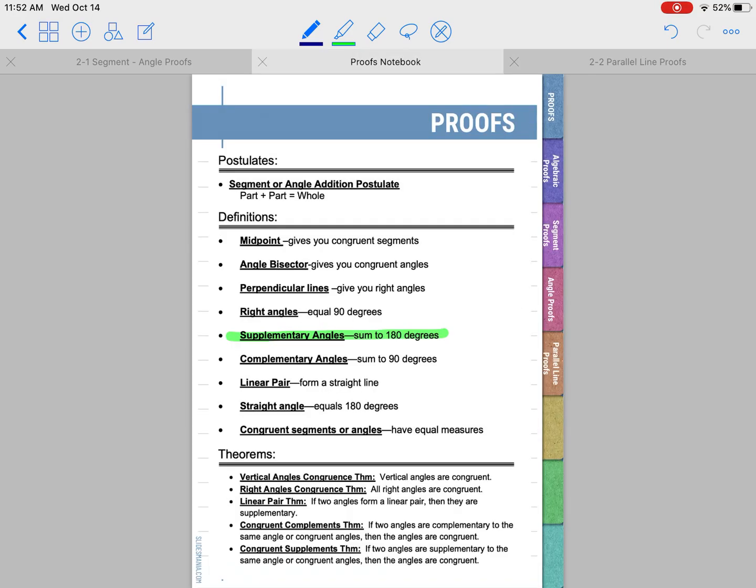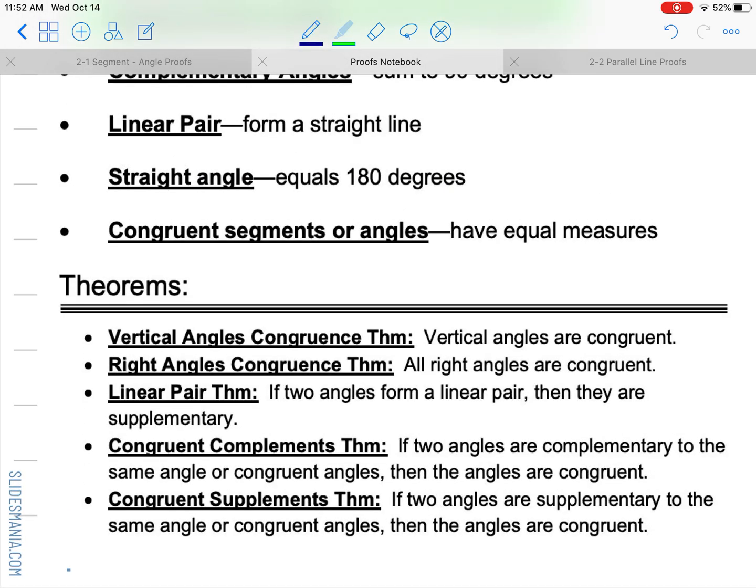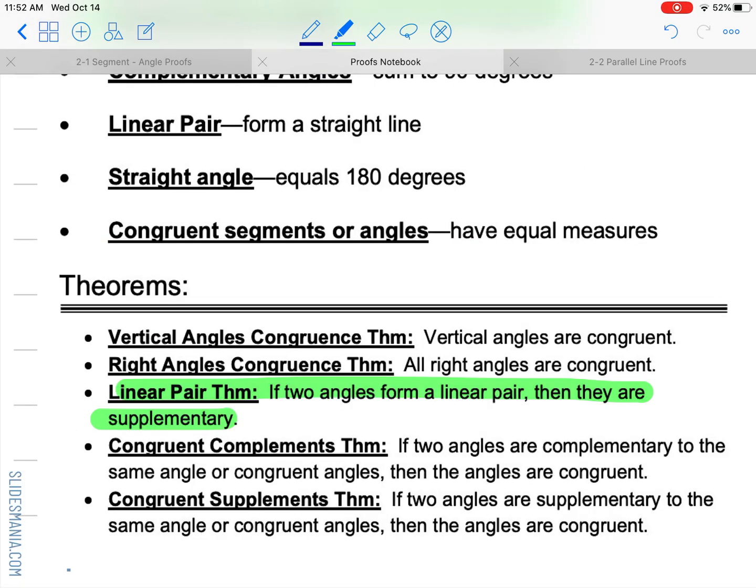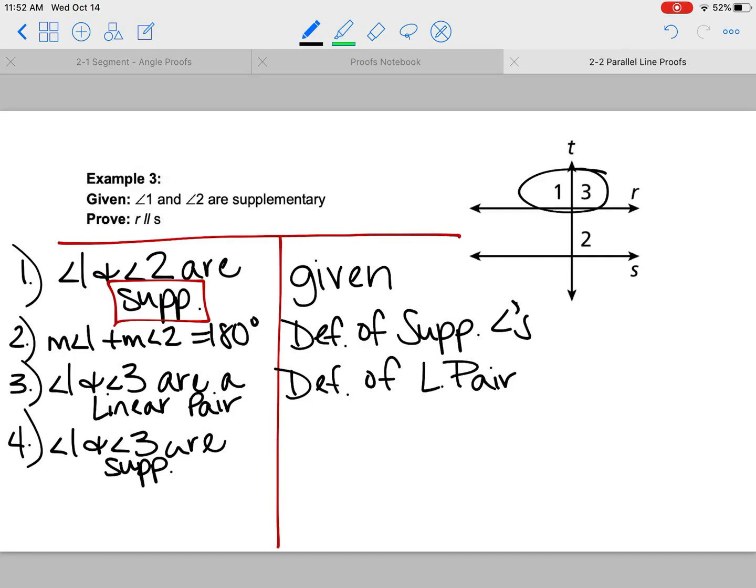All we know for sure is that we have a linear pair. So I'm going to go down here to my theorems, and I'm going to look at this theorem here. If two angles form a linear pair, then they are supplementary. Well, line 3 says that they're a linear pair. Line 4 says they're supplementary, so that justifies that theorem. And we can say that this is a linear pair theorem.